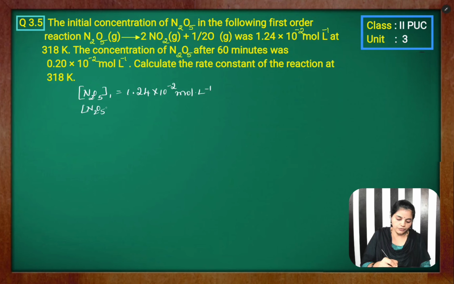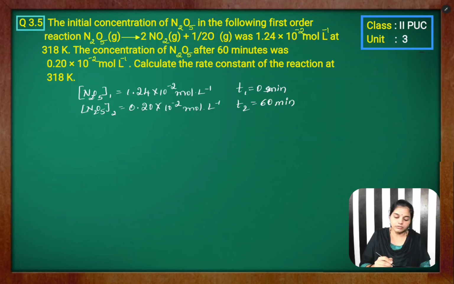So N2O5 is 0.2 into 10 to the power minus 2 mole per liter. Time T1 I can consider as 0 minute, and T2 I'll consider as 60 minute.